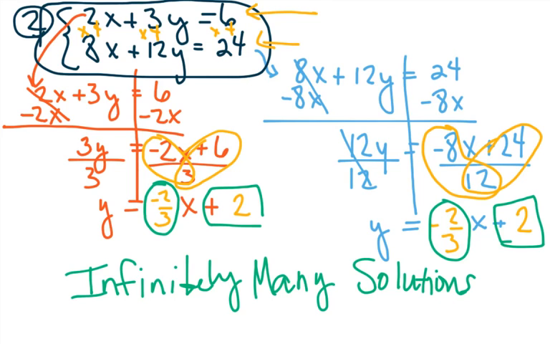So if you have something in standard form, and you notice that you can multiply the top or the bottom by a number and get the other one, that means that they're the same line. So it's infinitely many solutions.